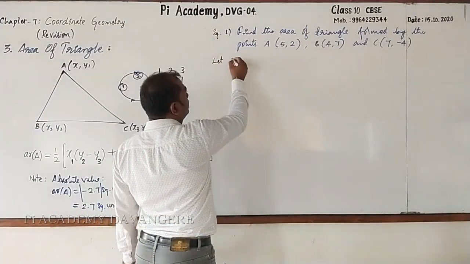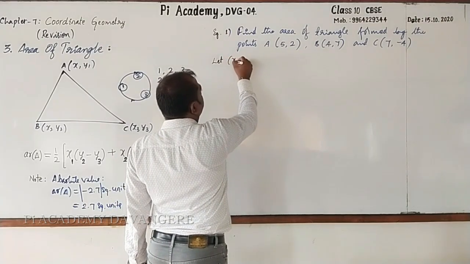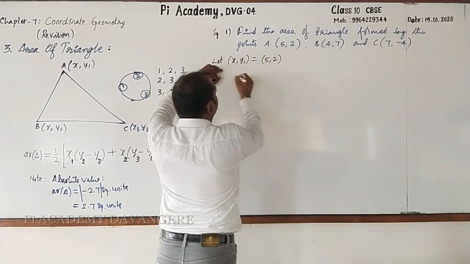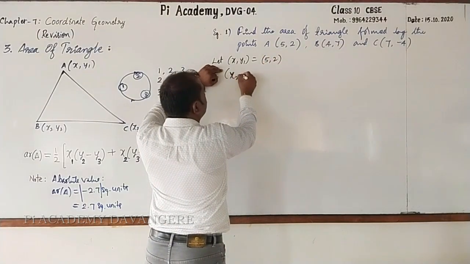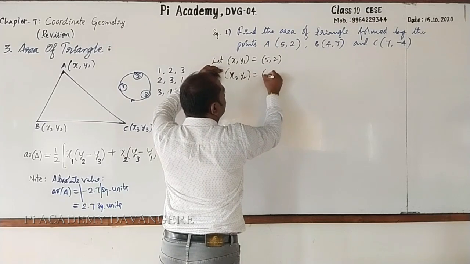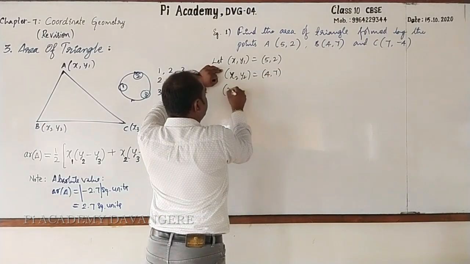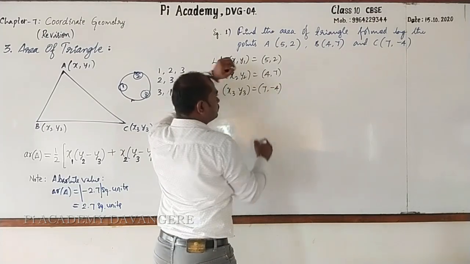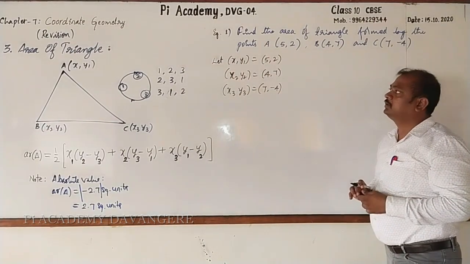Please go on writing. Let x1, y1 is equal to 5, 2; x2, y2 is 4, 7; then x3, y3 is 7, minus 4. Now we shall go for finding the area.